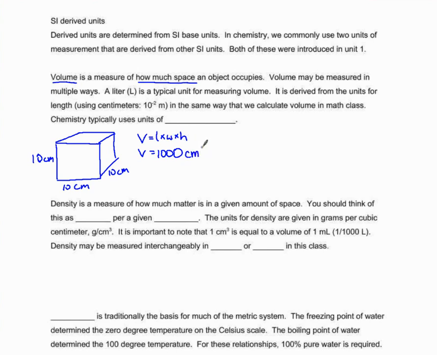The units are centimeters cubed. 1,000 cubic centimeters is 1 liter.